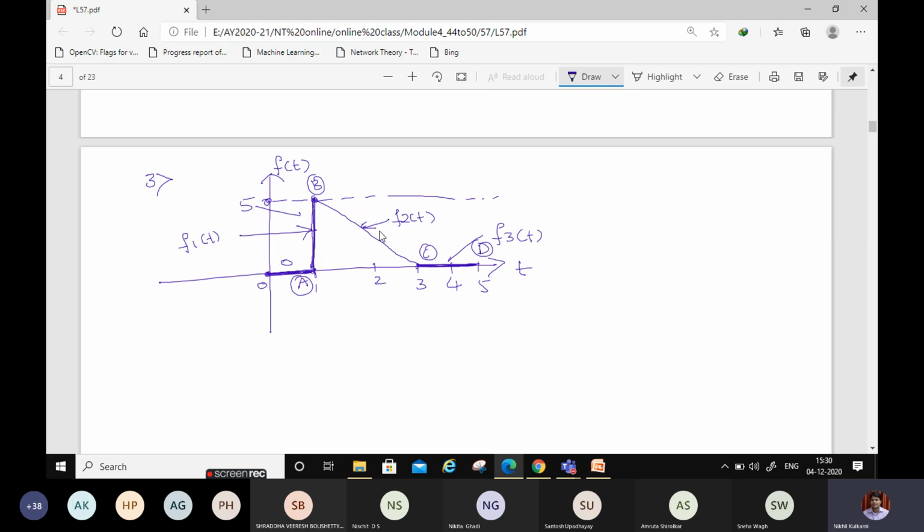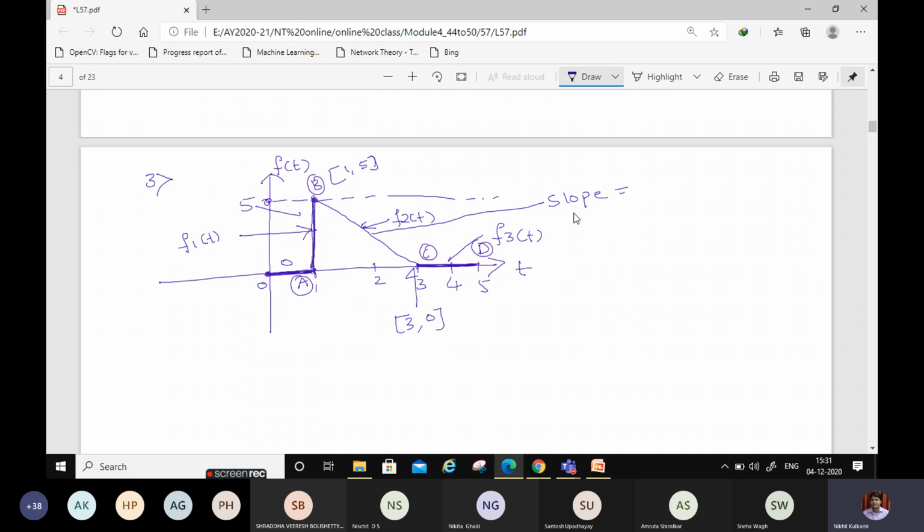You tell me the slope of this. What should be the slope? Starting point coordinates 1, 5. Ending point x is 3, y is 0.